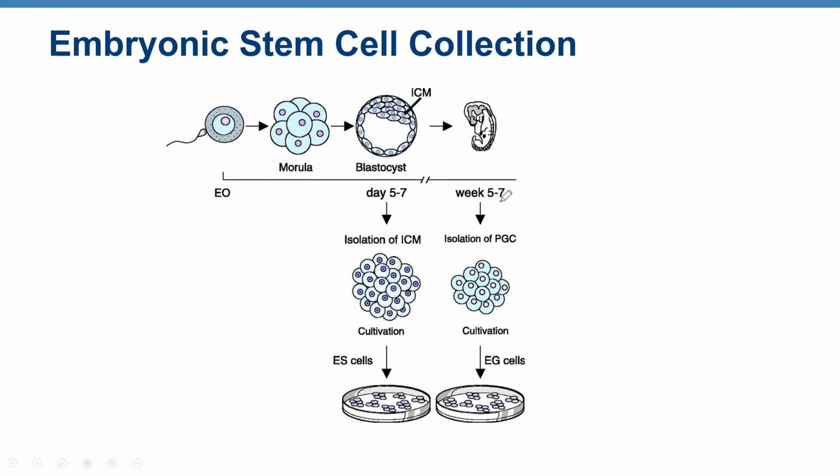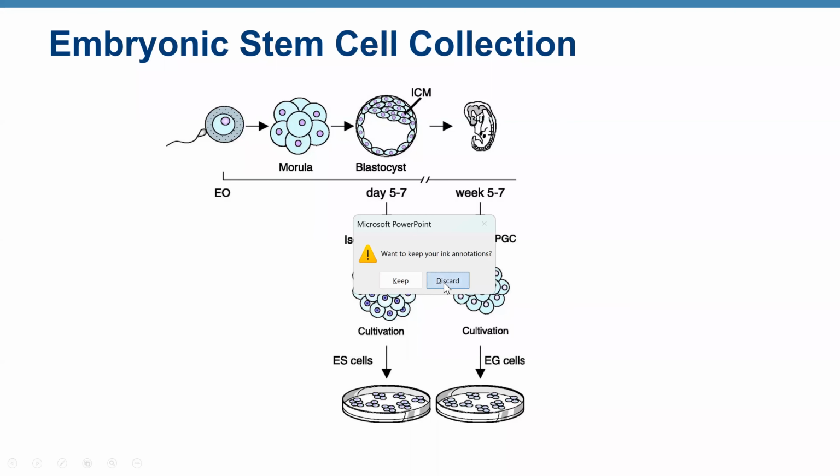Or in week 5 to 7, we can collect the cells from the organs that will develop into ovaries and testes, cultivate them, and we get embryonic germ cells. So embryonic stem cells and embryonic germ cells.